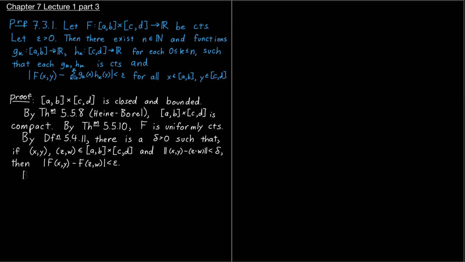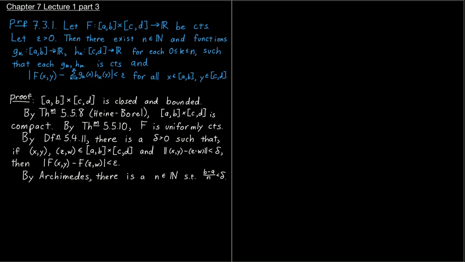By the Archimedean property, there is a natural number n such that b minus a over n, I want that to be less than delta. And now let's define these approximating functions.